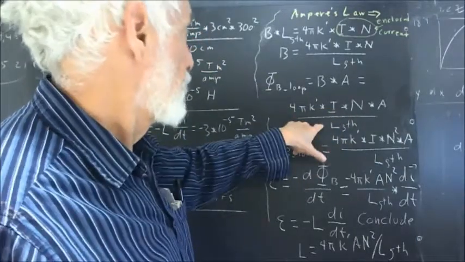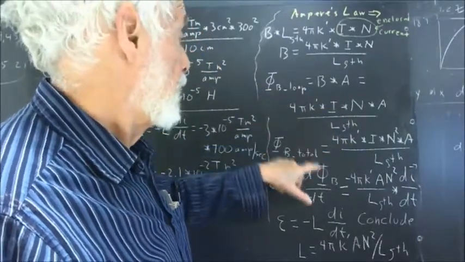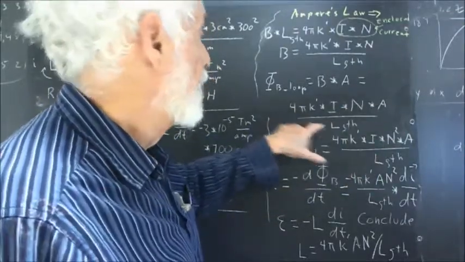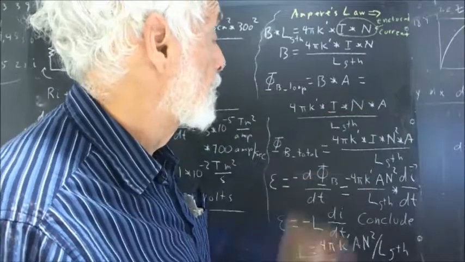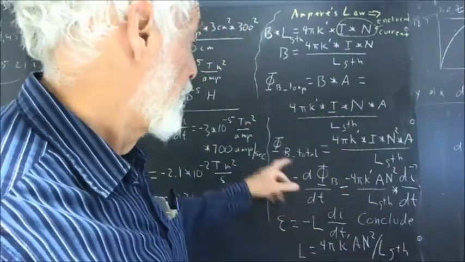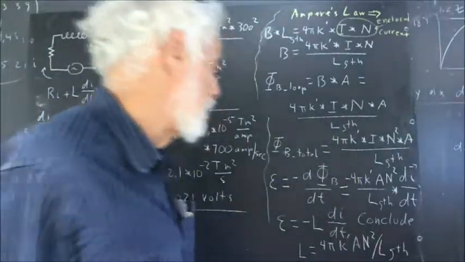This is the flux for one loop. This will be the flux for all the loops. We multiply this expression by n, which is the number of loops. And of course we get an n squared here. And there's our total flux.